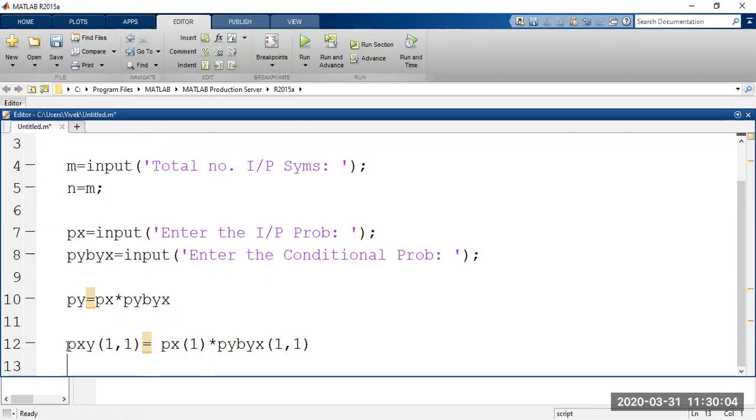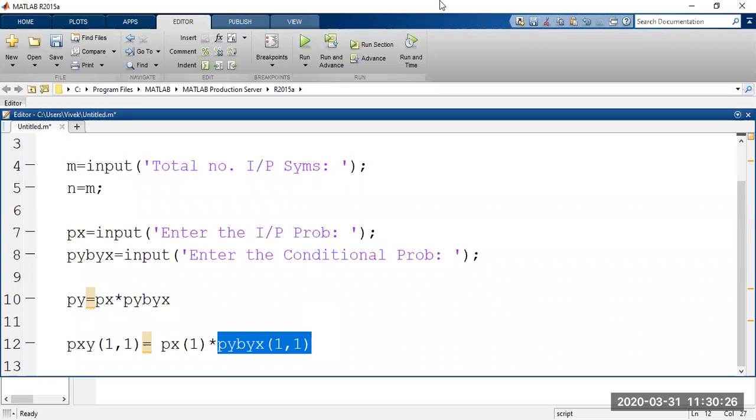So is it clear? The first element of this joint probability matrix is calculated using multiplication of the first input probability with the first element of the conditional probability matrix. So this is what P of x1 comma y1.